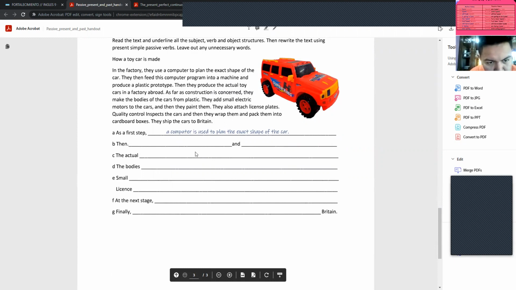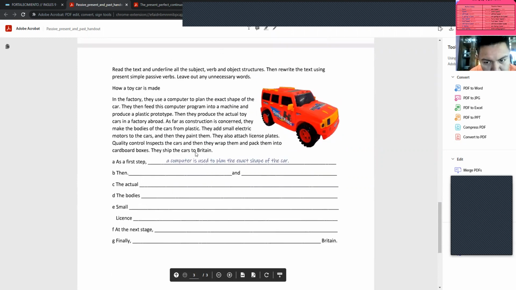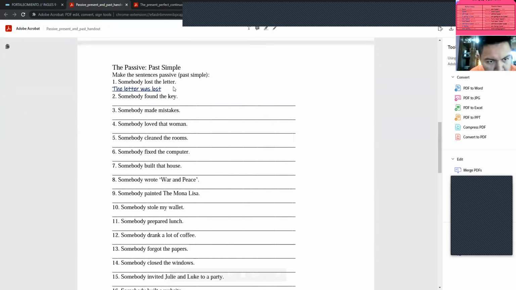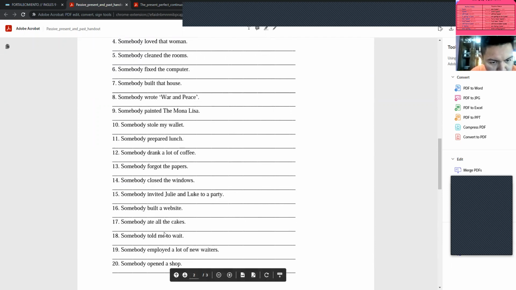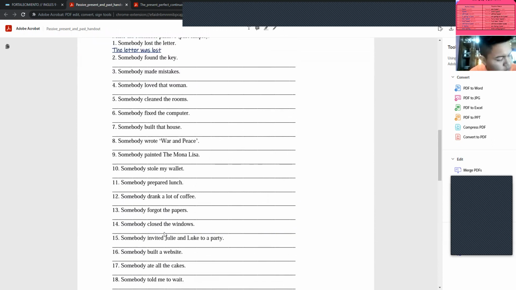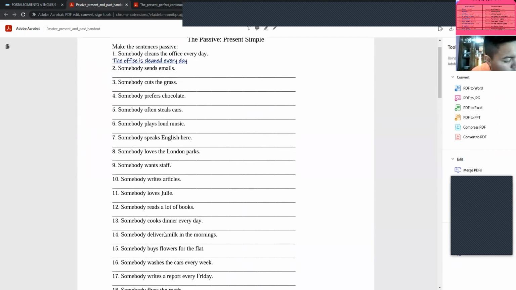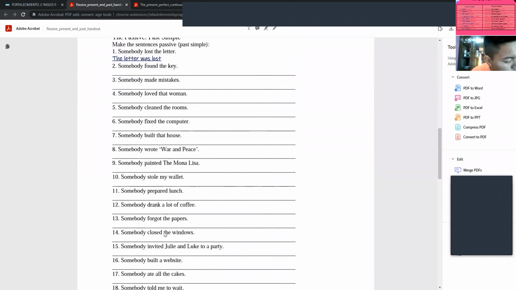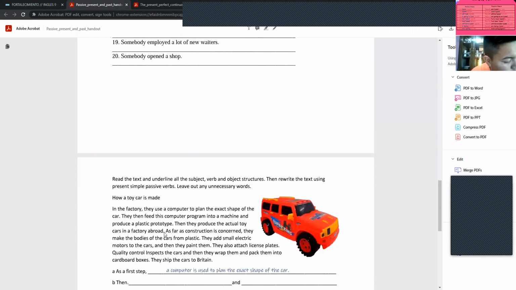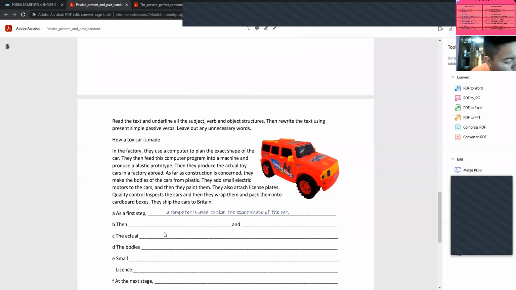Este es en presente nada más. Acá te estoy manejando los ejercicios en pasado, passive voice past, pero con pasado simple, porque acuérdate que estamos manejando pasado progresivo y presente progresivo, y tenemos presente simple. Ahorita estoy manejando nada más en las tareas presente simple y pasado simple, que son las dos primeras estructuras que aparecen en la tablita.